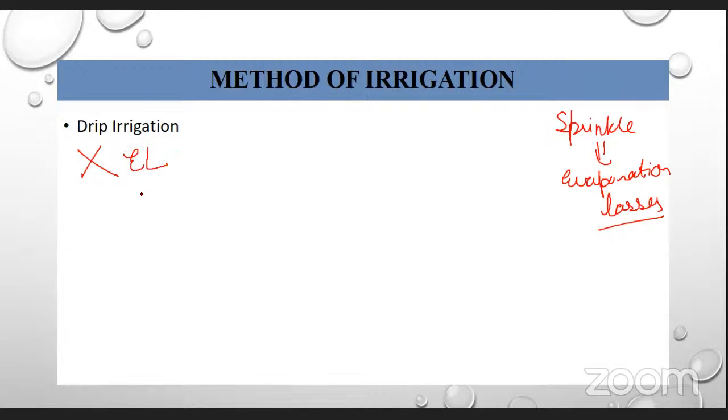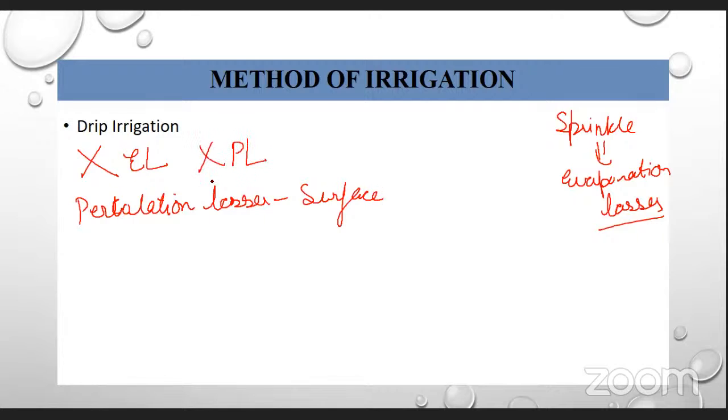Percolation losses are also there in surface irrigation, but these percolation losses are not there in drip irrigation. Surface runoff losses, or erosion, which occur in surface irrigation, are also not there in drip irrigation.